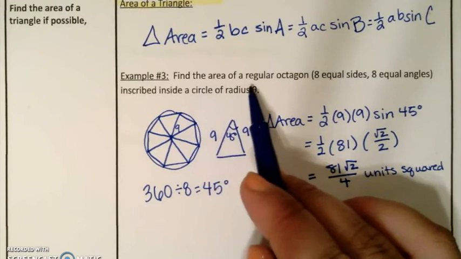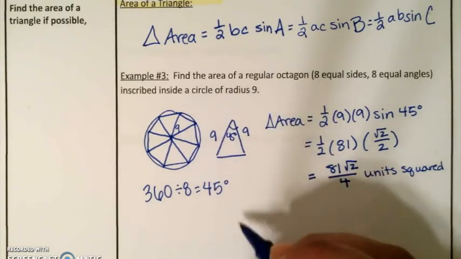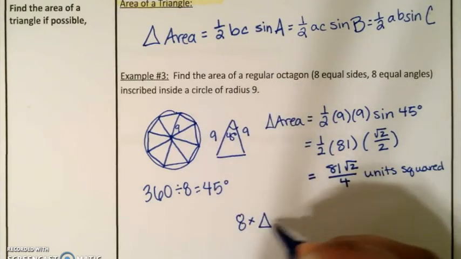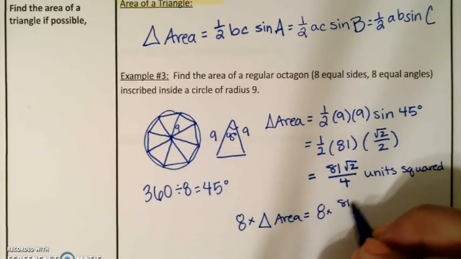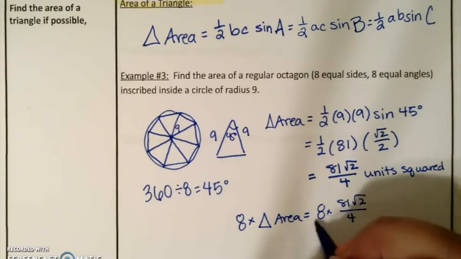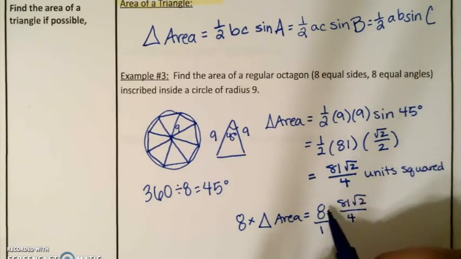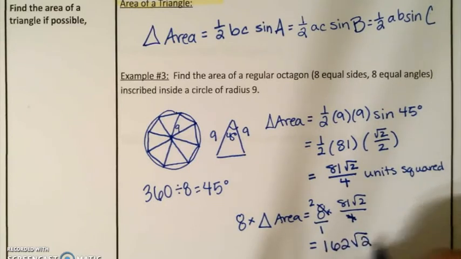But it's asking for the area of the entire octagon, so now we have to take 8 times the triangle area, which equals 8 times 81 times the square root of 2 divided by 4. Thinking of this as 8 over 1 times the area of the triangle, we can reduce to get a total of 162 times the square root of 2, which is approximately 229.10 square units.